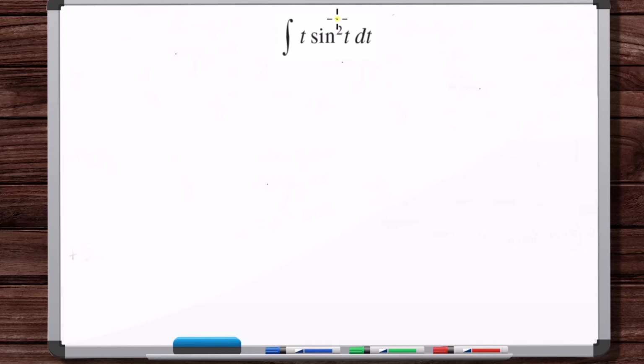All right, well, we've got an even power of sine, and there's no odd power of cosine. So, I mean, think about the half angle identity. So sine squared of t is equal to 1/2 times 1 minus cosine of 2t. Maybe that'll help us. Let's just try it out and see.